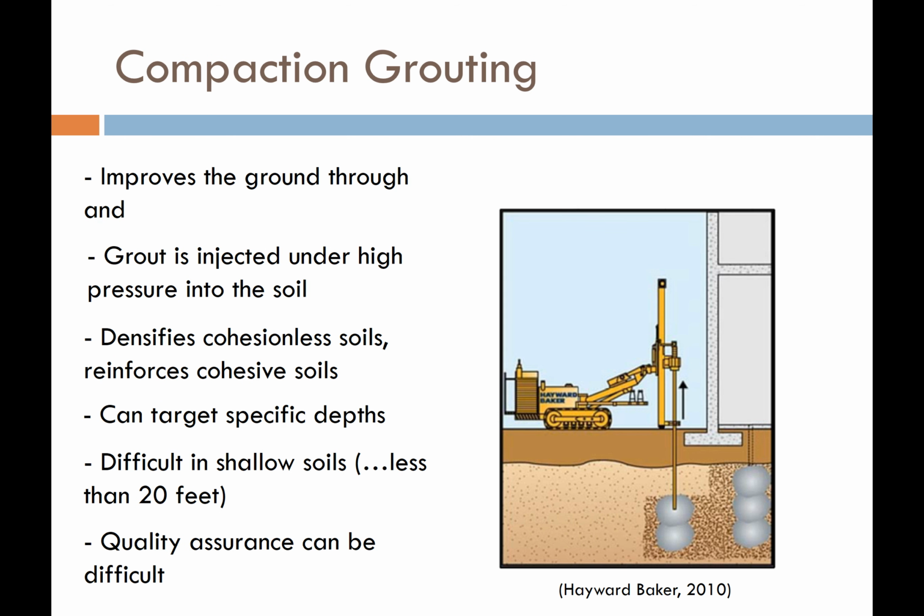Okay, here's a different method. It's called compaction grouting. It's a method that I've used a few times on various projects. What we do with compaction grouting is we have a specialized rig that has this tube on it that can lower itself and basically push itself down into the soil to whatever depth you're interested in.